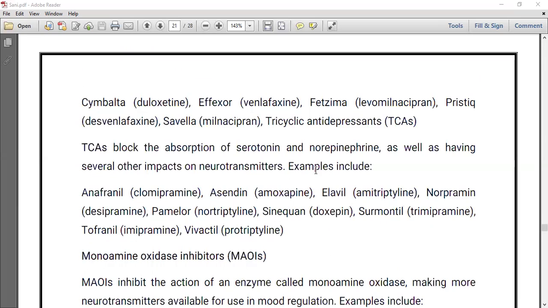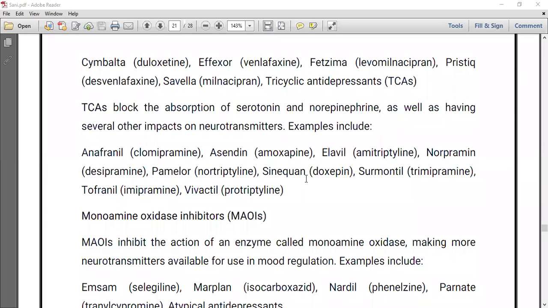The other is the TCAs. TCA means tricyclic antidepressants, which block the absorption of serotonin and norepinephrine, as well as having several other impacts on neurotransmitters. Examples include amitriptyline, amoxapine, desipramine, doxepin, nortriptyline, protriptyline, and trimipramine. These basically block the absorption of serotonin and norepinephrine.